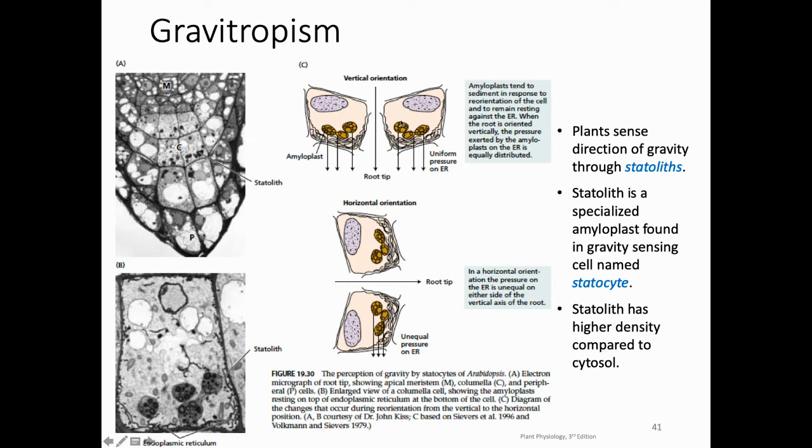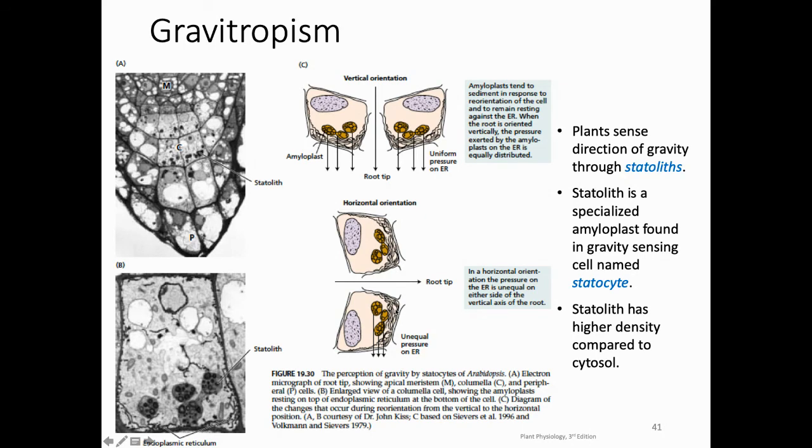The pressure of the starch granules is uniform on the ER, but once the root is horizontally orientated, the starch granules will fall down to the side of the cells, and that creates unequal pressure on the ER.